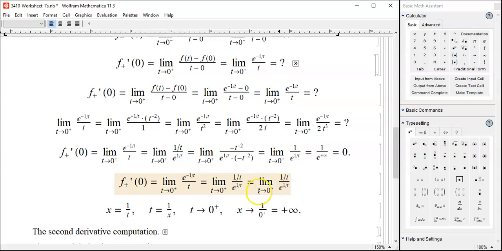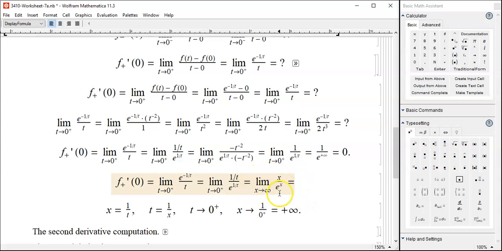If you use this change of variable, you can rewrite this one into the following limit computation. Now, instead of t going to 0 plus, x is going to positive infinity, which is down here, and then x is 1 over t, so this is becoming e to the x power, and over here 1 over t is x. This is what we get.